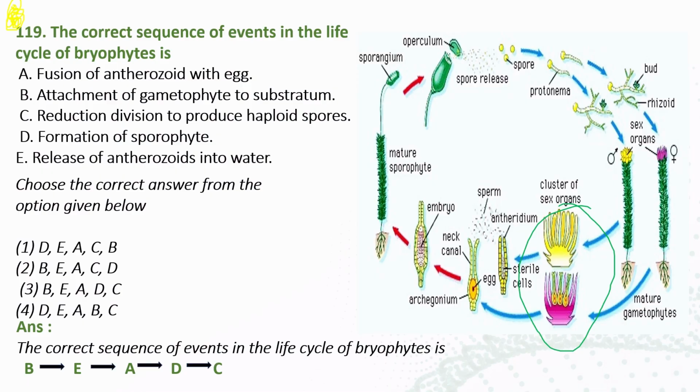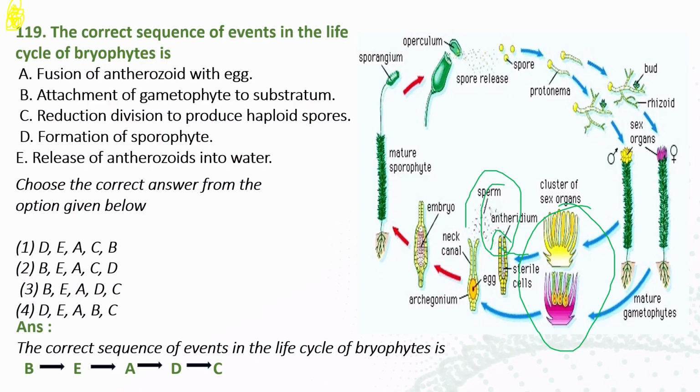After that, when these gametophytes are attached to the substratum, they produce antheridia, and the antherozoids are released into the water. This is the second step.